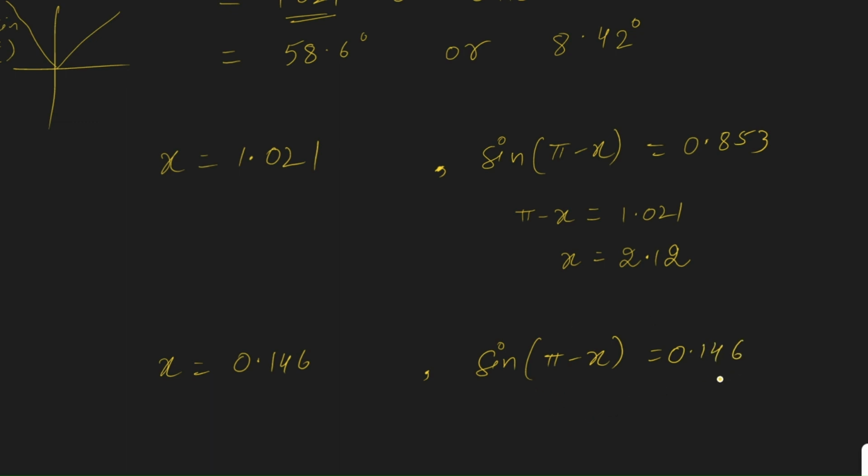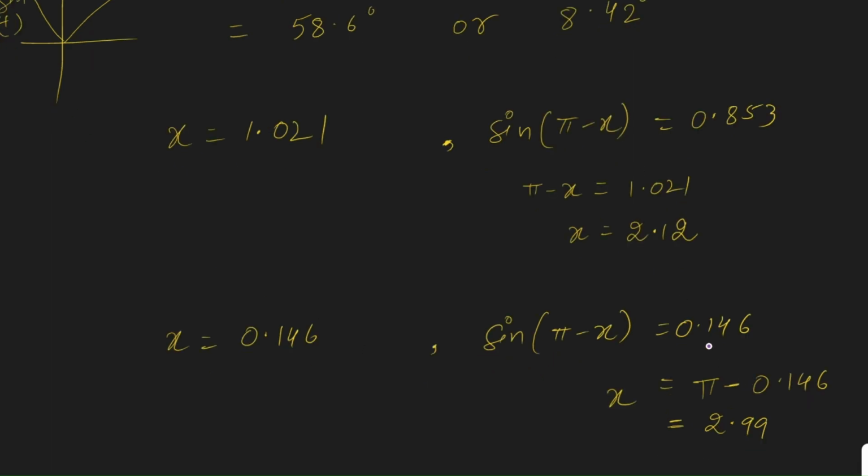Then we can take the sine inverse of this value, which again comes out to be 0.146 coincidentally. And then we need to solve for x, again doing pi minus that. Alright, so these are all of my x values in the interval 0 to 2 pi.